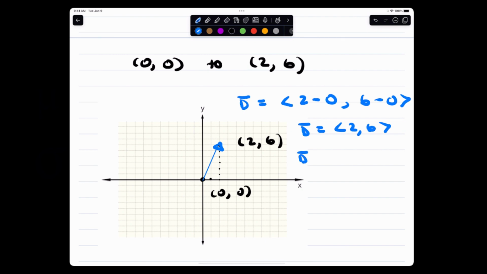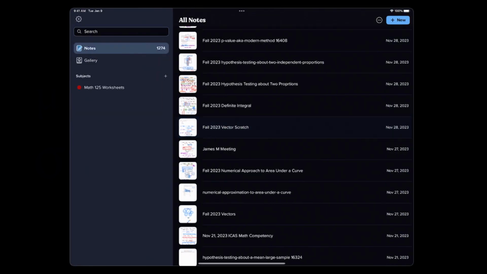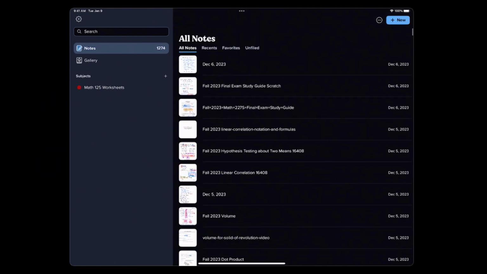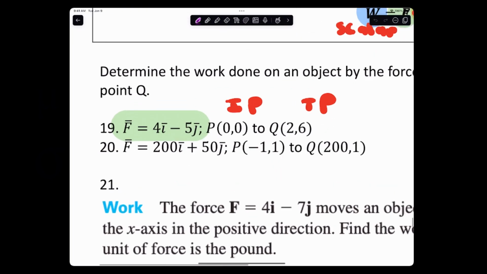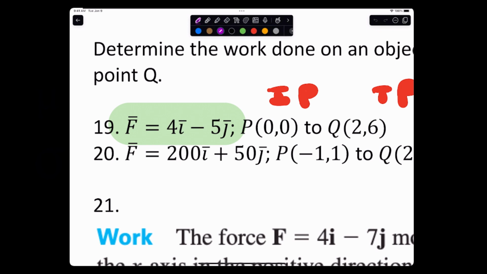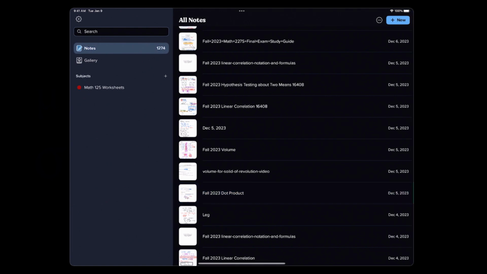In ij form, it is 2i plus 6j. Now, this is that d vector. And I guess, I don't remember what color I used, but okay. What was the force vector? Do you guys remember? Was it 3, negative 4? Or 4i minus 5j, and it was going to be green. So 4i minus 5j.